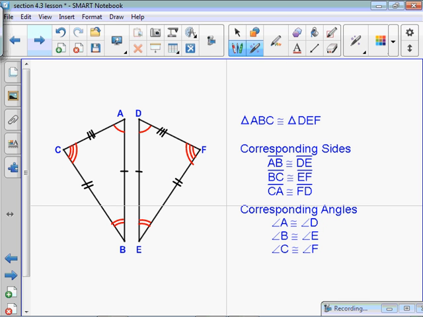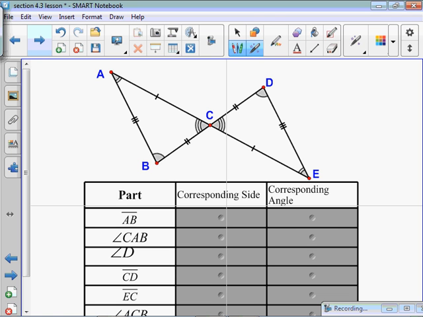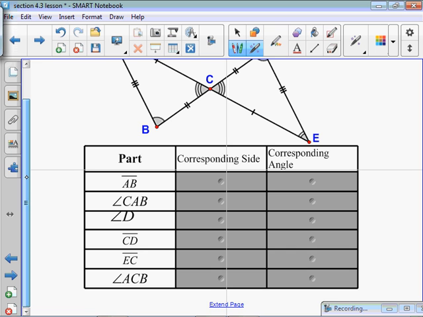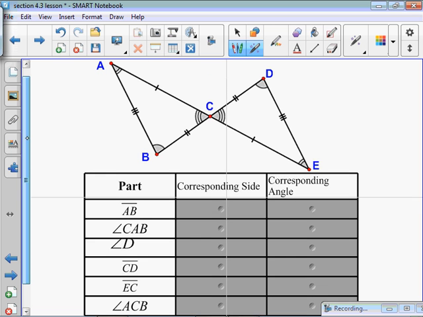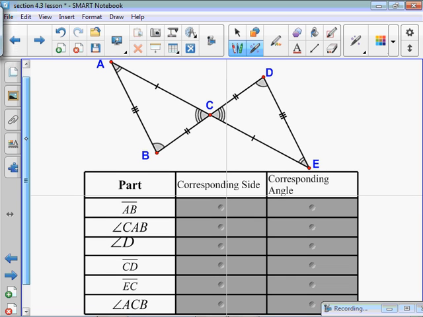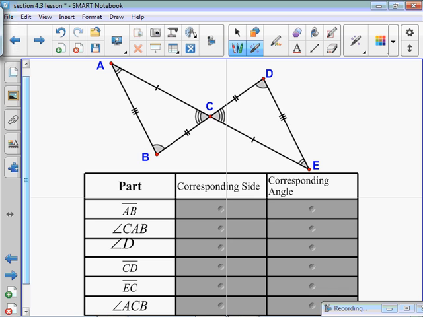This is just a list of the corresponding sides, and I think we've already talked about that. So, we have these two triangles here, and we are going to talk about what their corresponding sides are. What is the part that corresponds to side AB? Let's look at our picture.